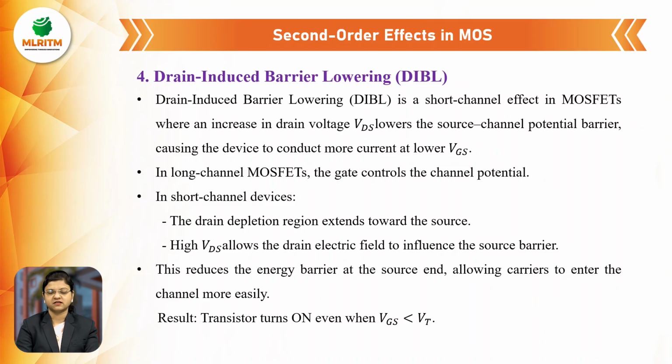Fourth, among the second order effects, we consider DIBL. DIBL is the drain induced barrier lowering effect, which is again a short channel effect. Whatever second order effects we are considering now are all short channel effects, because in the long channel case the MOSFET operates normally, and there are negligible short channel effects.